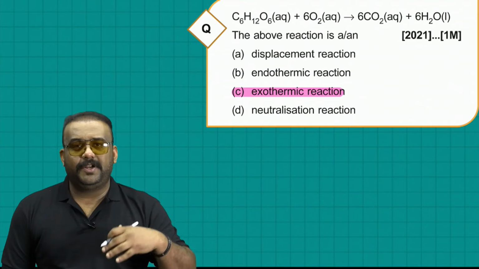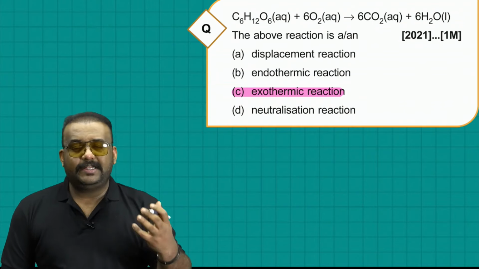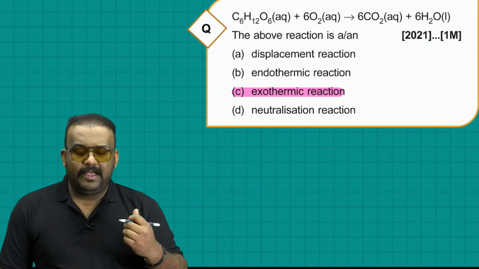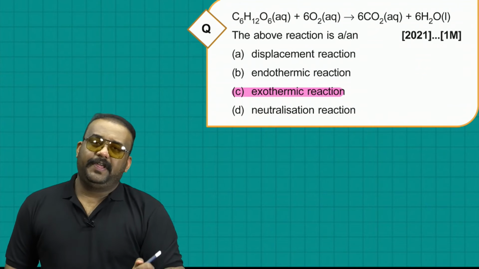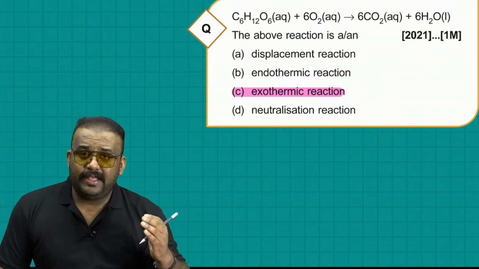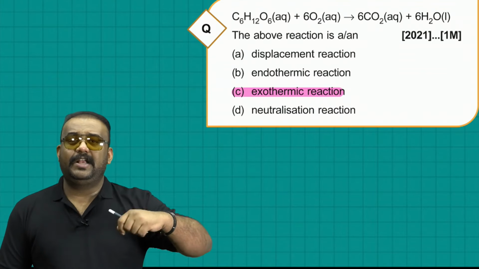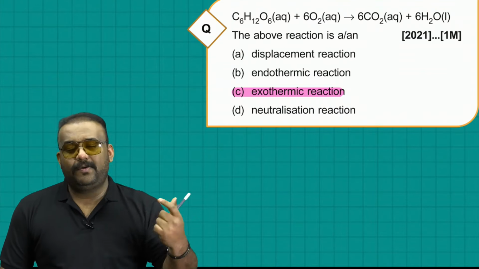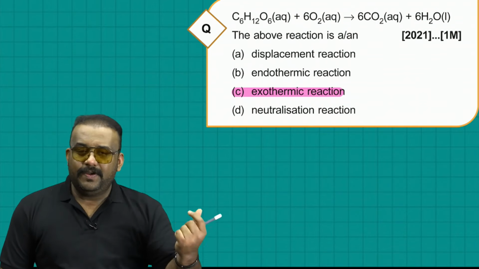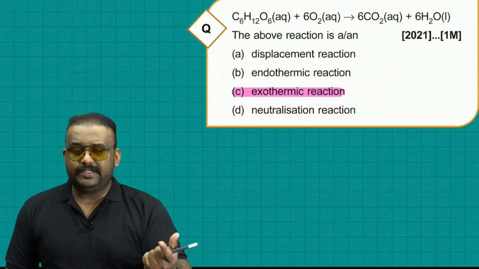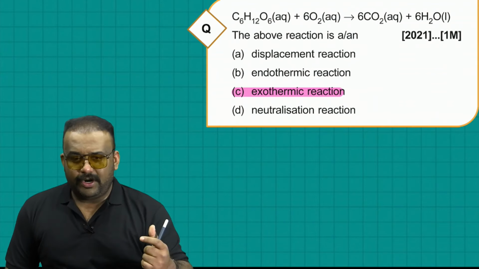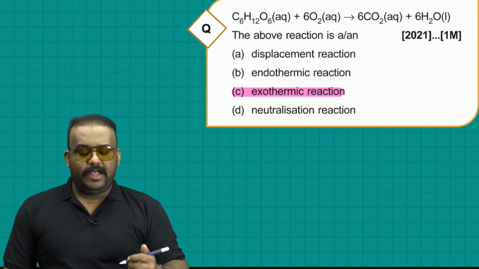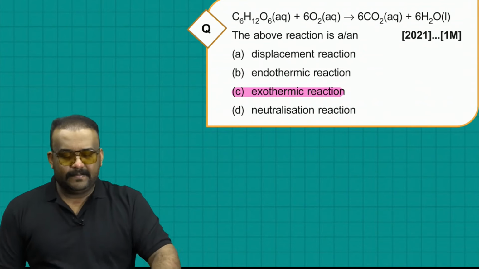If energy is absorbed during a reaction, that's called an endothermic reaction. Then we have neutralization reaction, which is the reaction between an acid and a base, where the effect of an acid is nullified or cancelled out by a base. That is called a neutralization reaction. So in this question, we have glucose combining with oxygen to form carbon dioxide and water. So this is an example of an exothermic reaction.